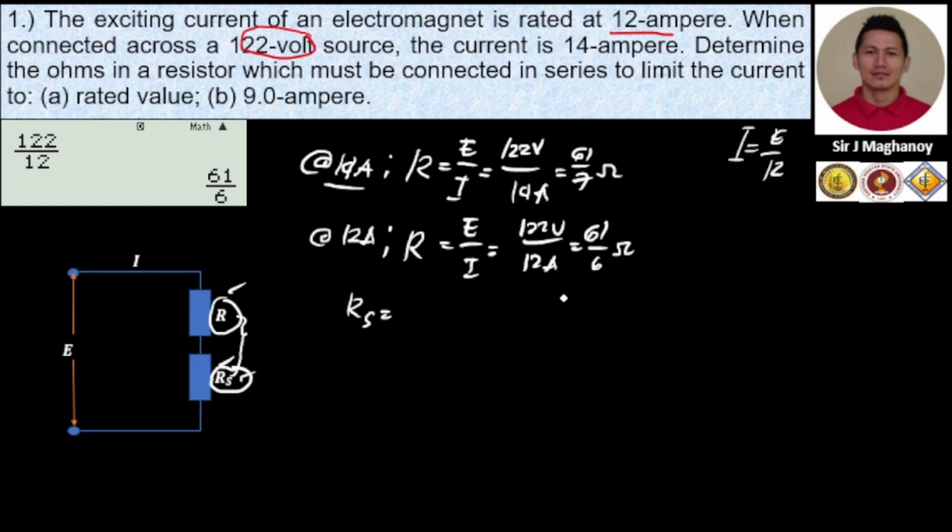So that is the rated, 61 over 6, minus the actual resistance, 61 over 7. What is the result?